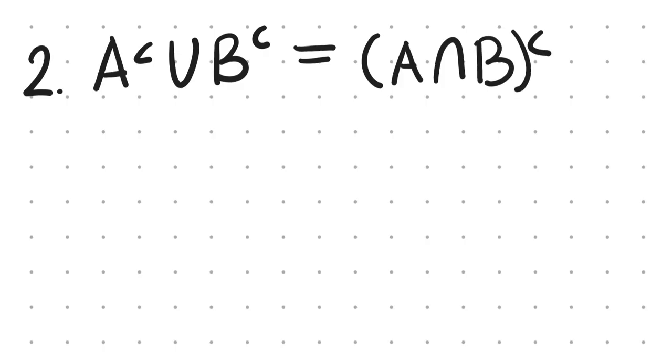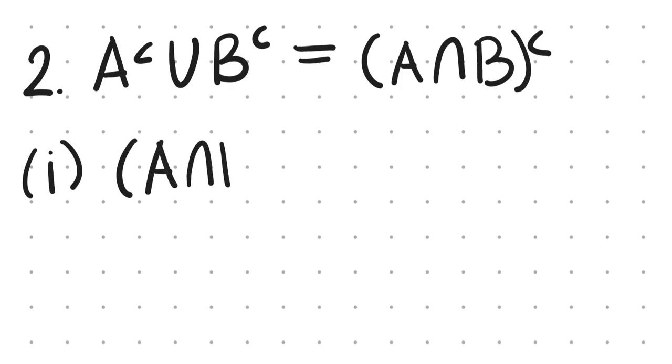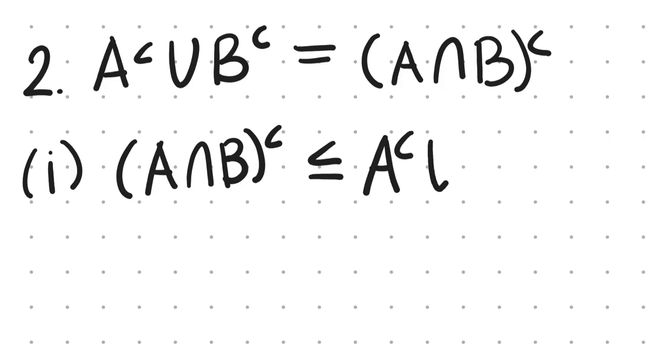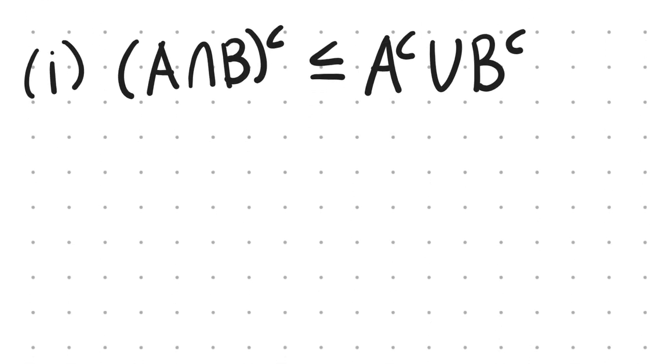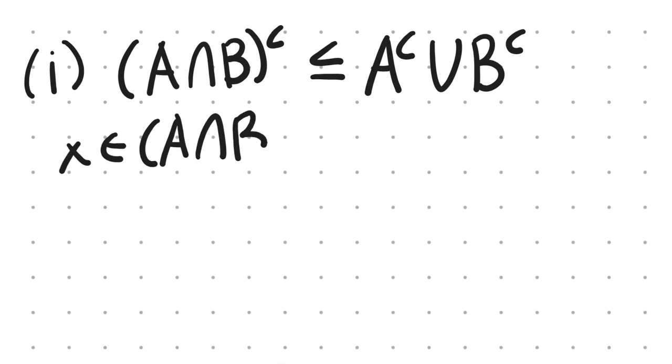So in order to prove this formula, I would like to first of all do the same thing, saying that (A intersect B) complement is a subset of A complement union B complement. So let X be an element of (A intersect B) complement.